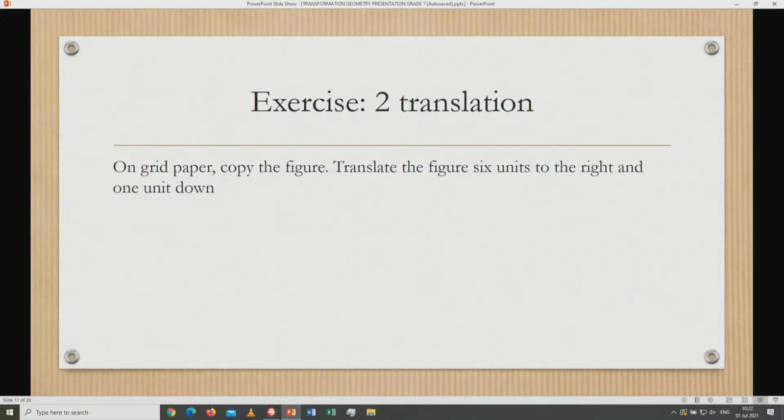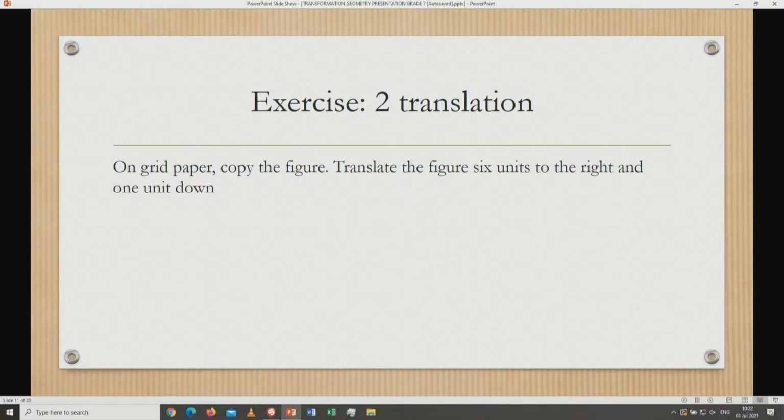Right, guys, let us move along. Let us try exercise number 2 now. Exercise number 2 says, on a grid paper, copy the figure, translate the figure 6 units to the right and 1 unit down.